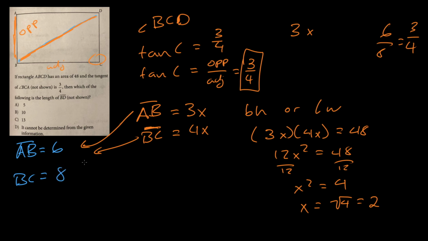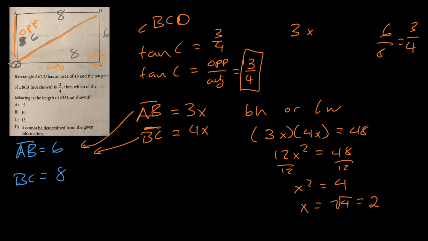Remember, we're just substituting x for 2. And so now that we have the sides, we can label. So this side is 6, and this side is 8. And since it's a rectangle, this side is also 6, and this side is also 8.